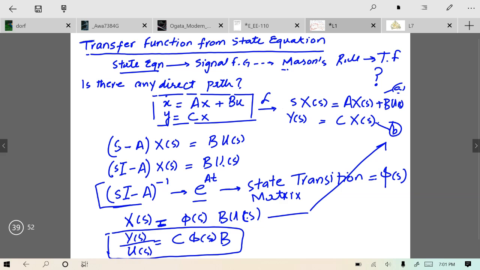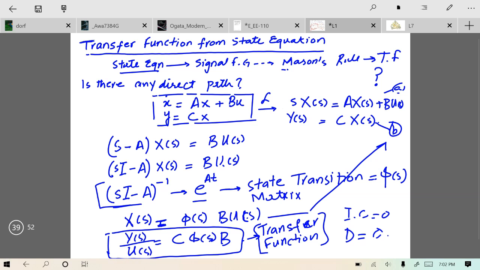So you can find Y of s over U of s only with the help of C, B and A. Using only the matrices from the state equations, you can find the transfer function of a system using this equation. Please note that we have assumed the system has initial conditions 0 and matrix D equal to 0 in this scenario.